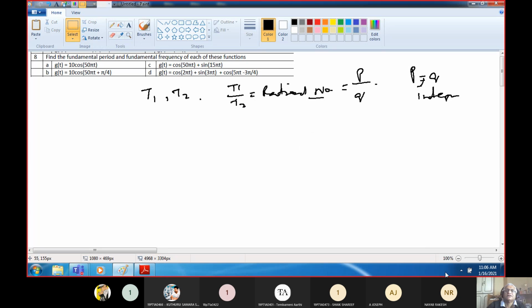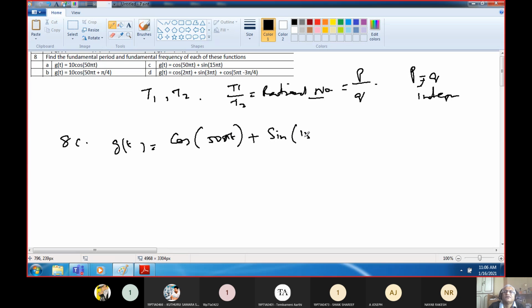Now coming to problem number C, 8C. Again, we have to follow the same procedure. Here, cos of 50 pi t plus sine of 15 pi t. Now you have two different signals, T1 and T2.